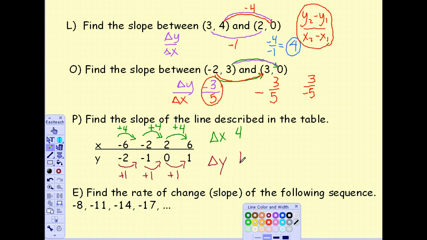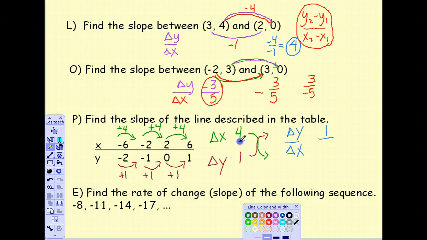So be careful because this table is like most things. X comes before y. The slope is not that way. The slope is y over x. Change in y over change in x. So we need to just flip these around. So the change in y is 1.